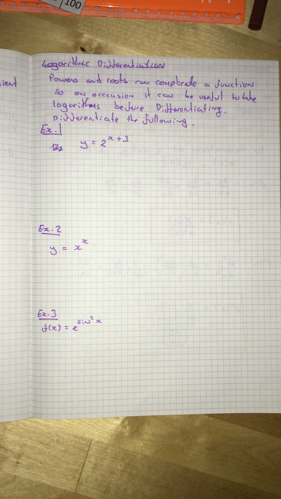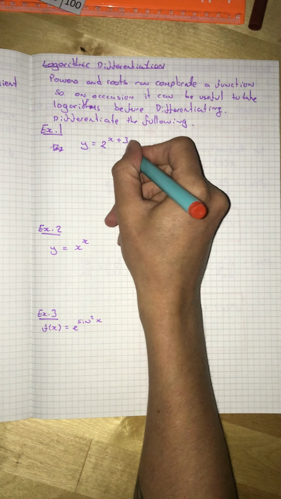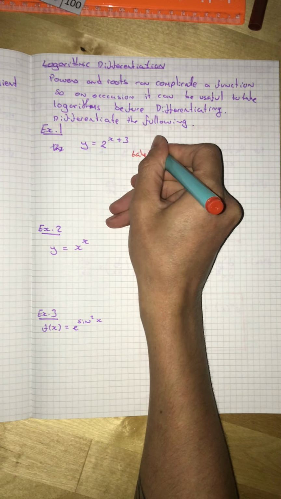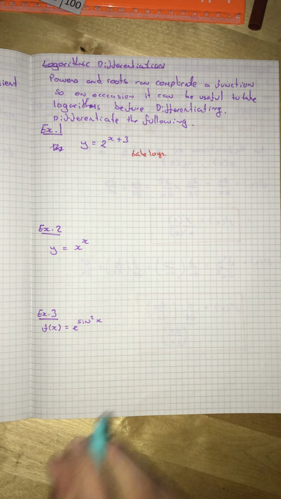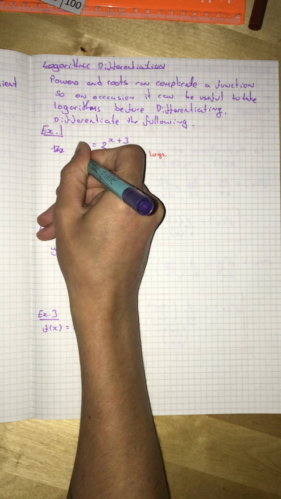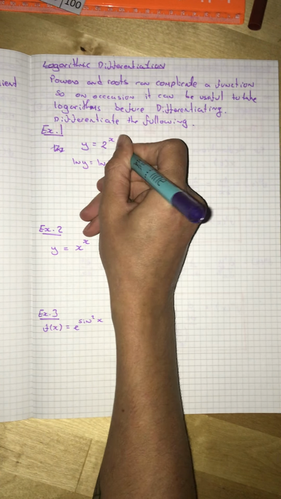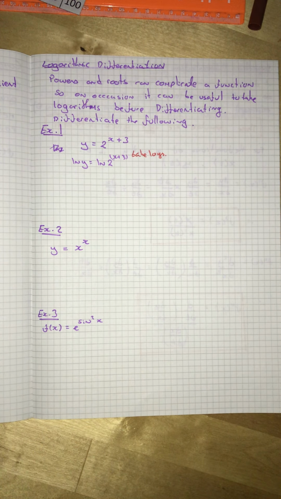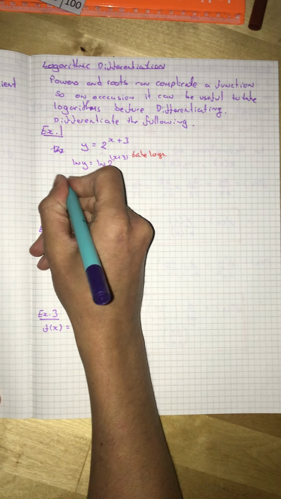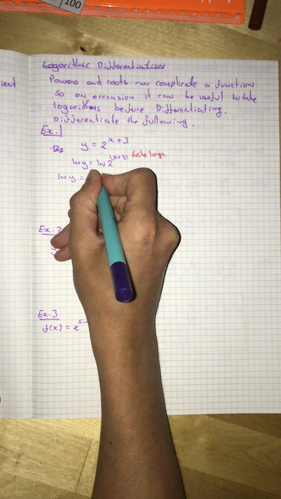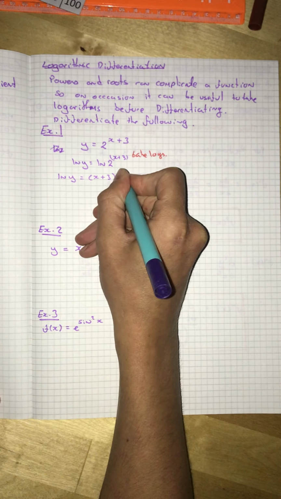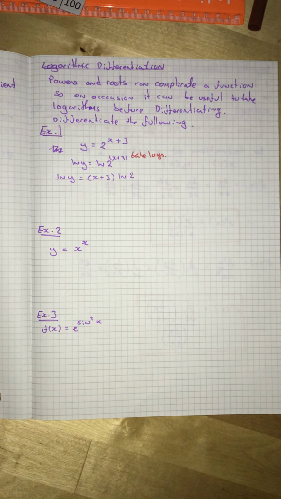Okay, and the first step, which is why it's called logarithmic differentiation, is to just take the natural logarithm of both sides. Okay, so take logs, and so I'm going to take the natural log, and hopefully you remember your log rules from Higher, because then that means it's just x plus 3 log 2.